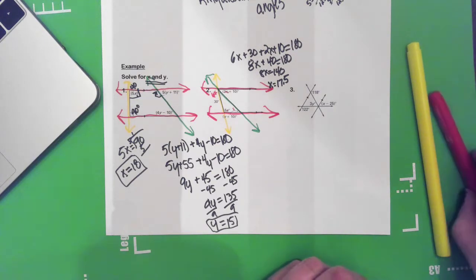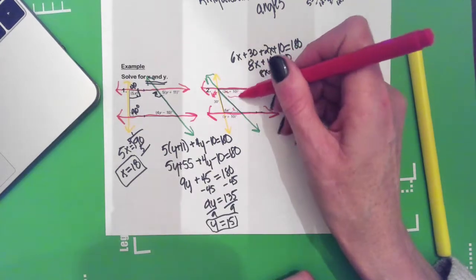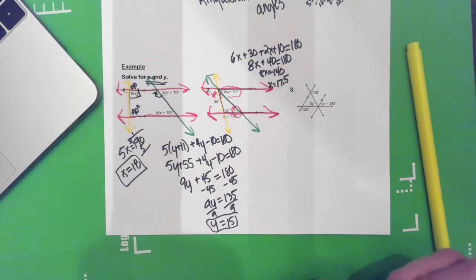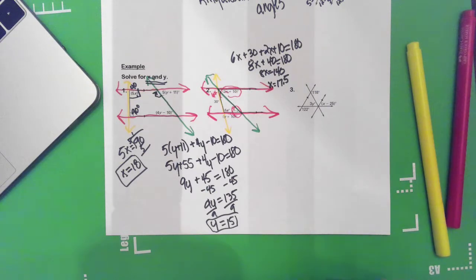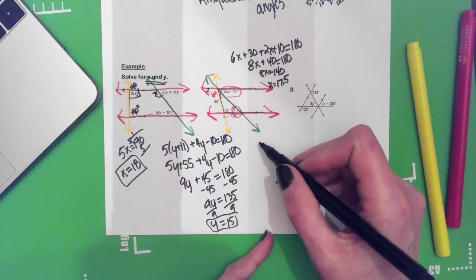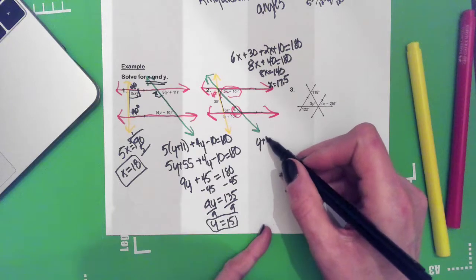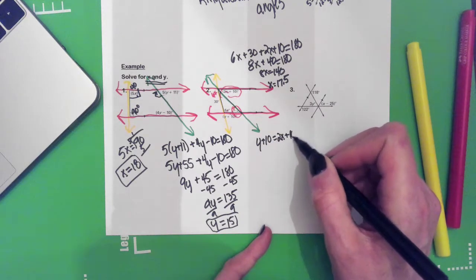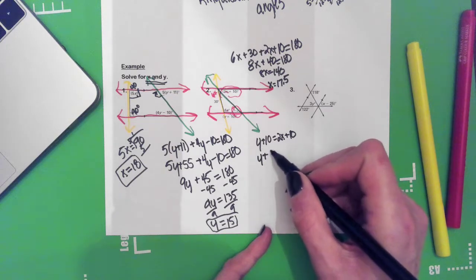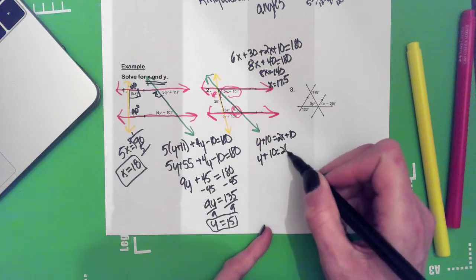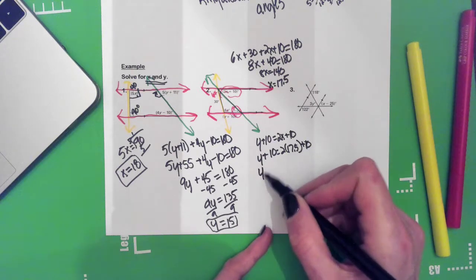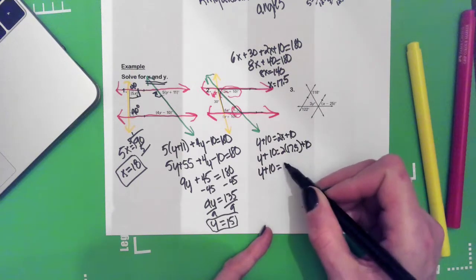Well, we looked at these two angles right here as being alternate interior angles. And now that I know what my x is, I can say y plus 10 equals 2x plus 10.